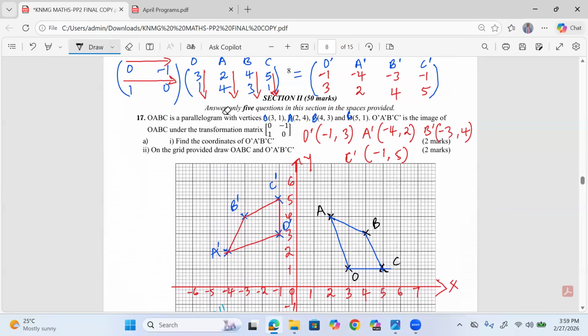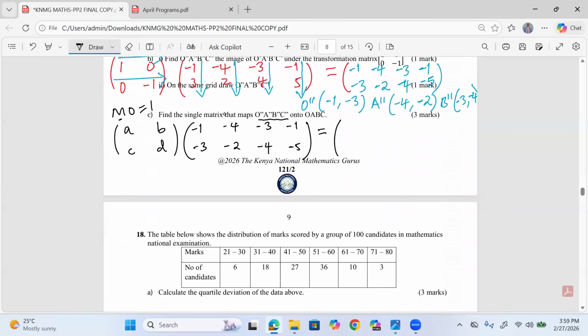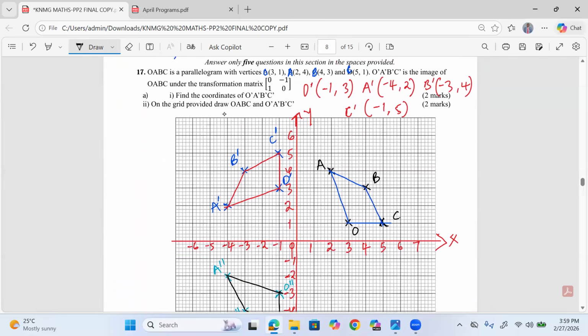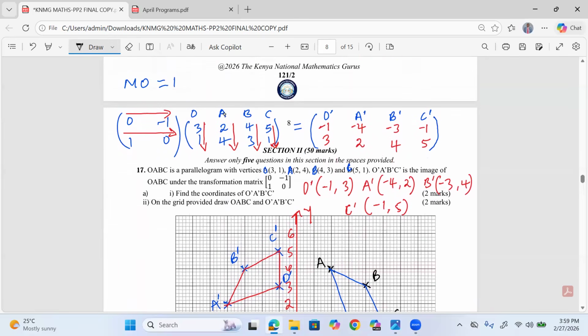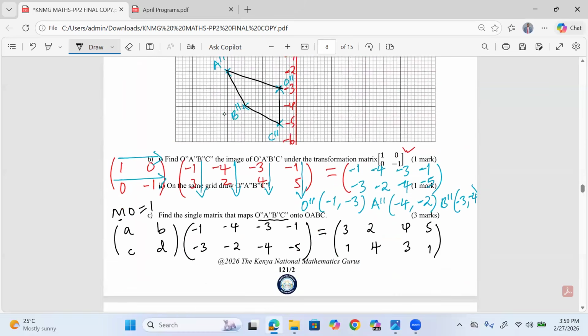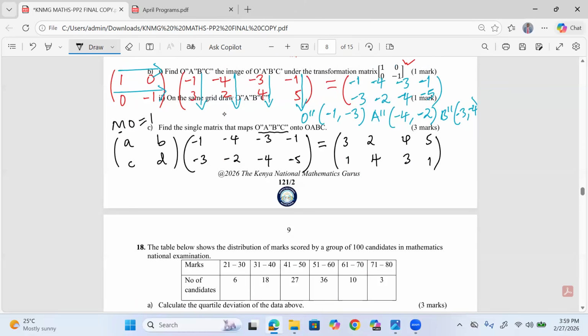It was 3, 1, 2, 4, 4, 3, and 5, 1. Like that. Is it 5, 1? Yeah, 4, 3, and 5, 1. That way. So that is it now. That is the expression. That is the equation.